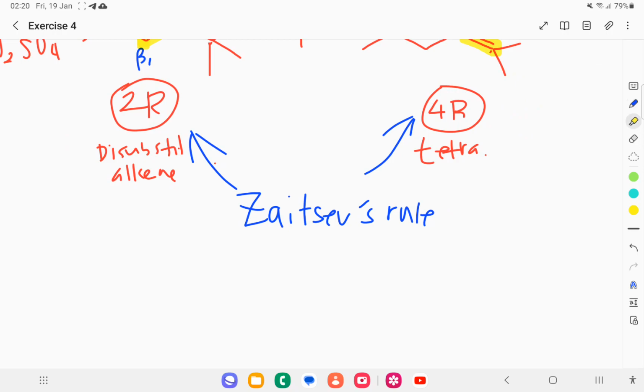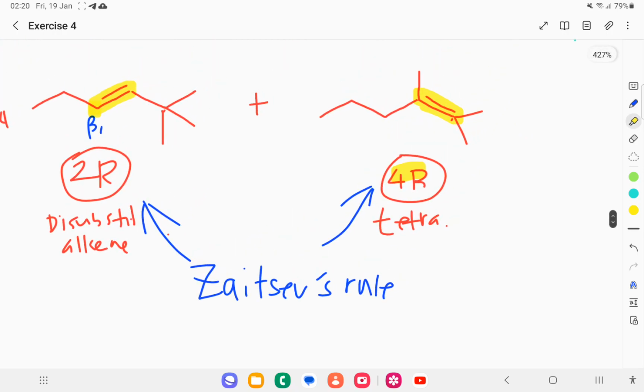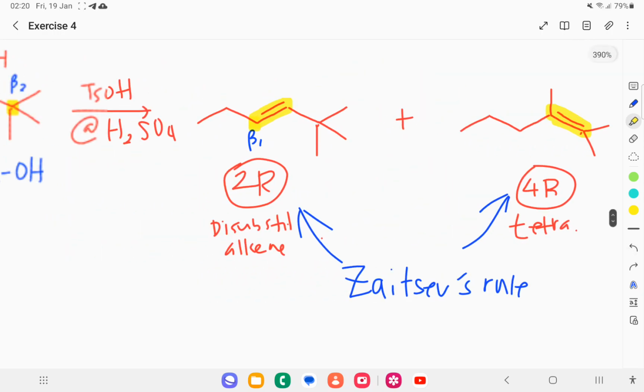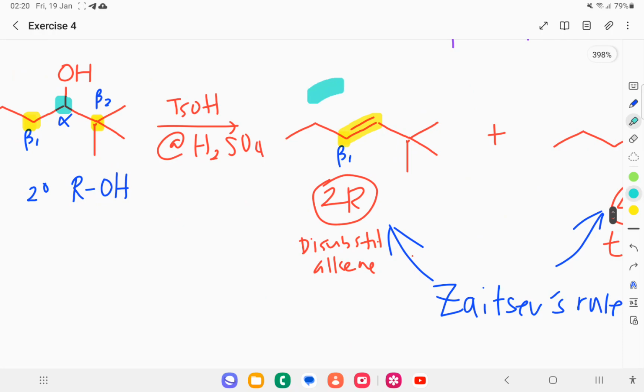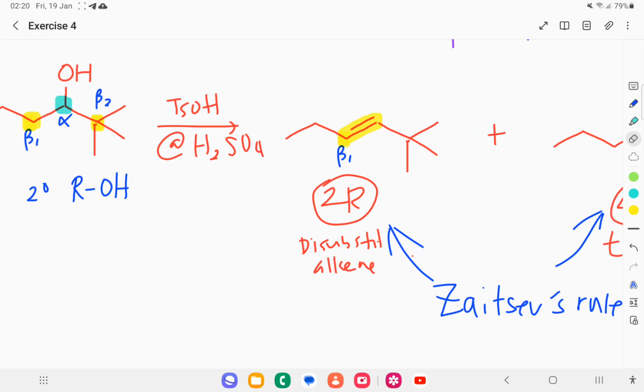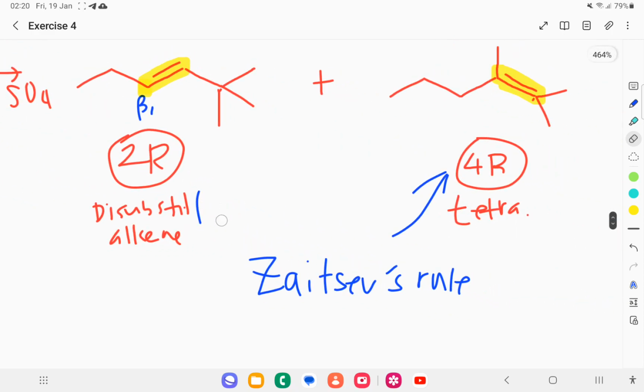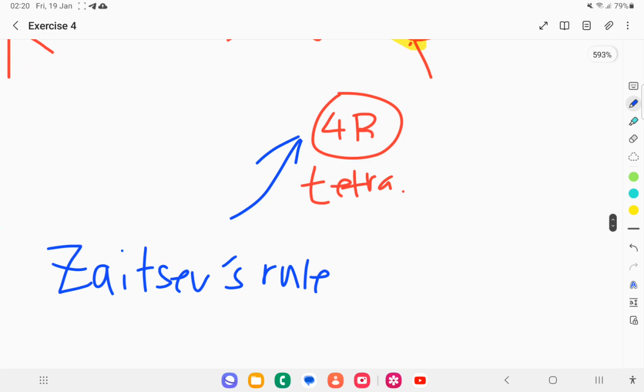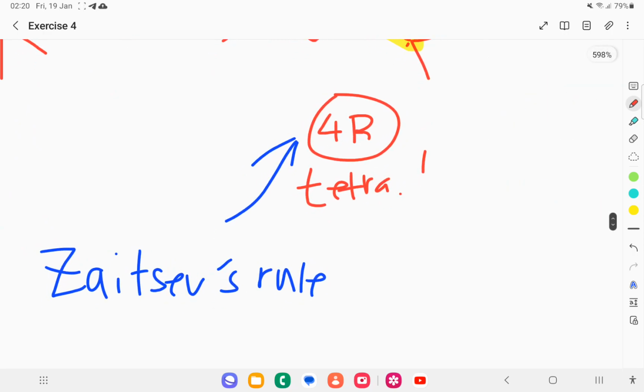So we can conclude that our second product, which is this product, is the major product, while this is the minor product. So we are going to finish by labeling this as the major product.